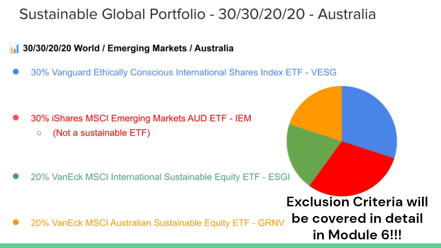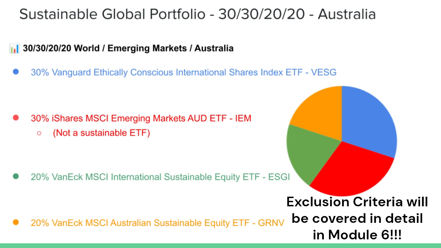Now, both the VESG and the ESGI have a strong US stock component. So these are mostly US. So it's very important to keep that in mind. Once again, look at the ETF investing framework for researching to consider the weight of US companies to other companies in this ETF, and then make your decision how you want to weigh that portfolio.